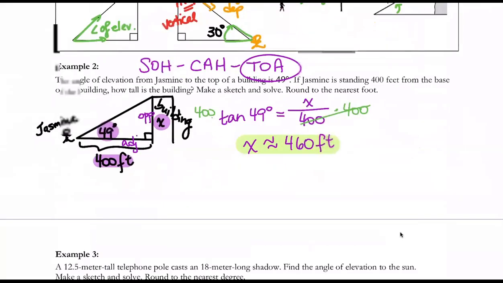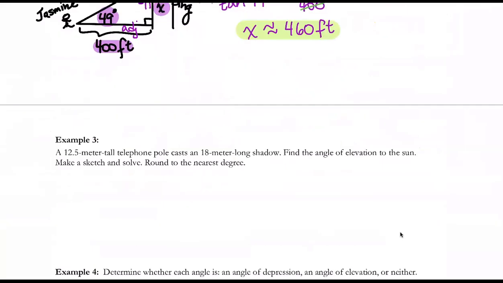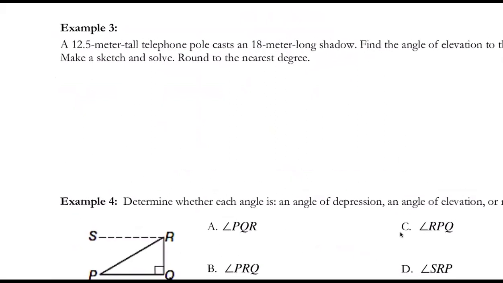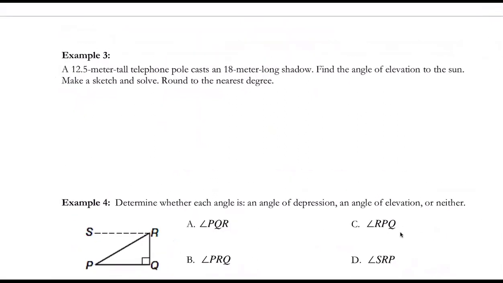Okay, next example. A 12.5 meter tall telephone pole casts an 18-meter long shadow. Find the angle of elevation to the sun. Make a sketch and solve and round to the nearest degree. Okay, so I'm going to draw the sun up here in the sky, making shadows on the ground.